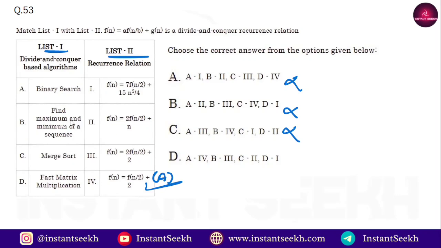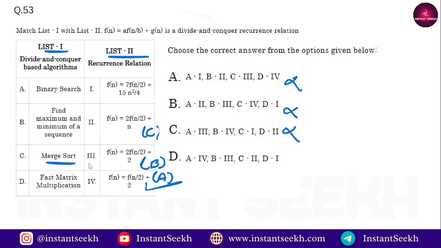Next, let's see the other options. Find maximum and minimum of a sequence is done using the recurrence relation 2f(n/2) plus 2. Merge sort, divide and conquer, has the recurrence relation given by the second one, 2f(n/2) plus n.